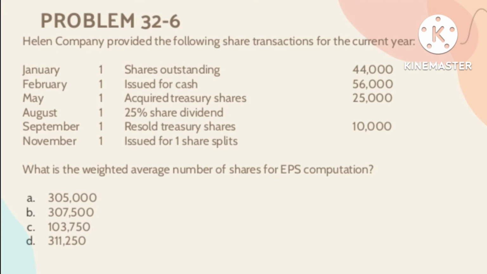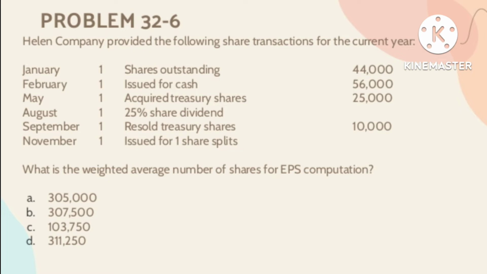Problem 32.6. Let me read you the problem. Helen Company provided the following share transactions for the current year. January 1, shares outstanding 44,000. February 1, issued for cash 56,000. May 1, acquired treasury shares 25,000. August 1, 25% share dividend. September 1, resold treasury shares 10,000.